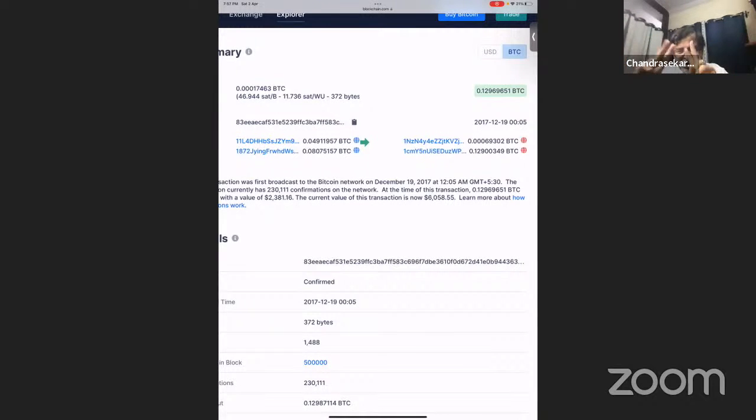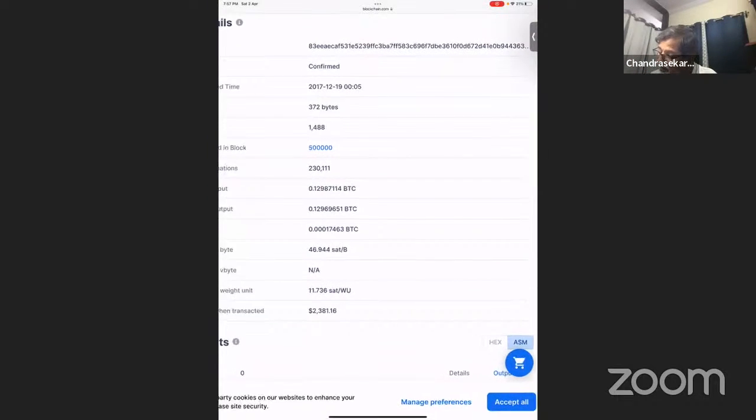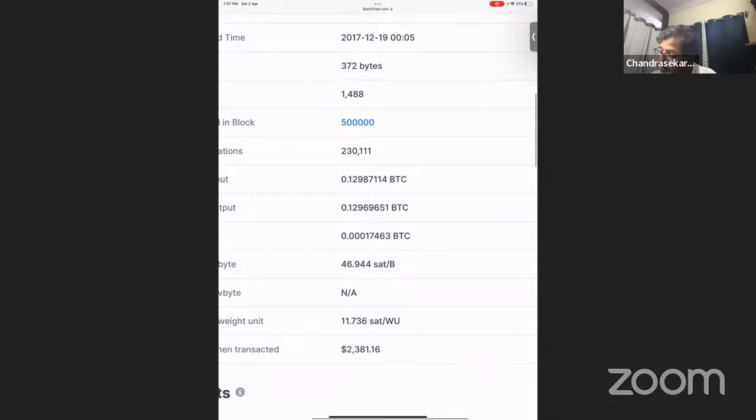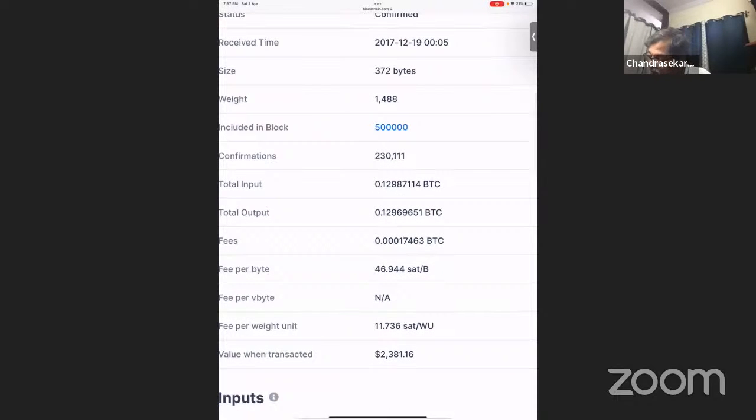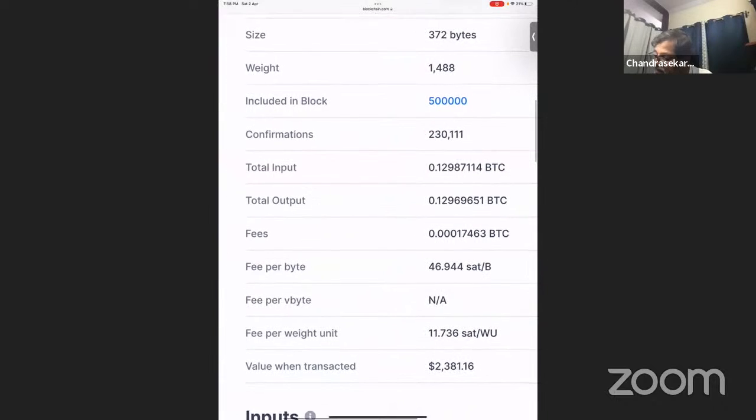But whatever it is, there are 2 outputs and their values are given there. So the total output, you add these 2, you get 0.12969, something like that. Right? This is the total output. This is the total input. Total input minus total output is the transaction fee. That is what the fee is. So you can see this is the fee.